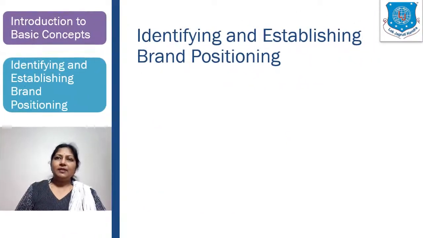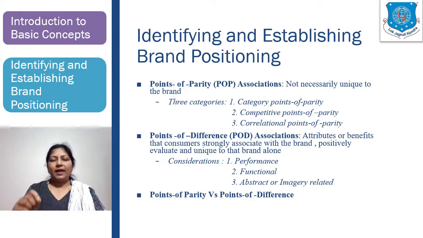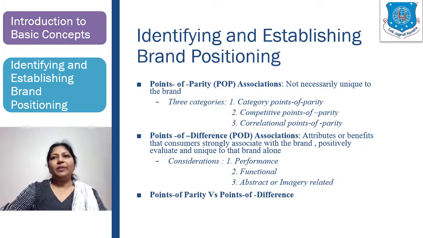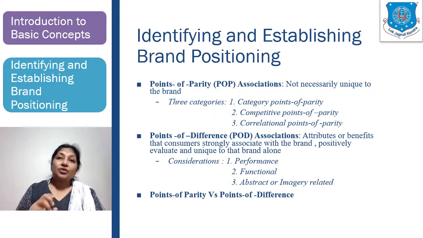To decide the correct positioning, the points of parity and the points of difference have to be identified. Now, the points of parity or the POP associations, these are the attributes or benefits that consumers strongly associate with a brand and also evaluate.